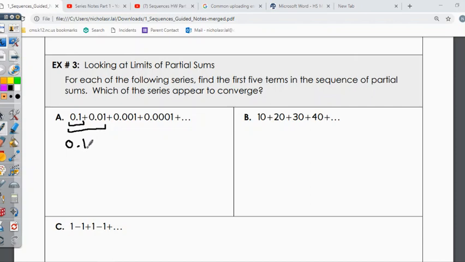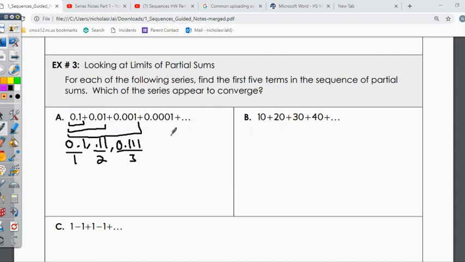If we add the first two terms, we will have 0.11. All right. We add the first three terms, we will have 0.111. 0.1 is the first term. 0.11 would be the second term if we added the first two terms. If we had the first three terms, that would give us 0.111.